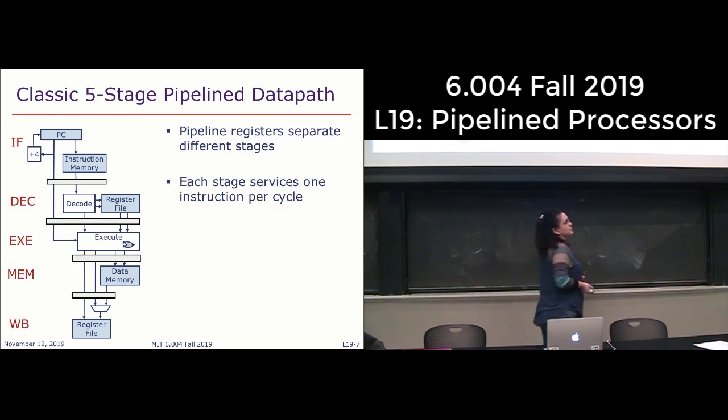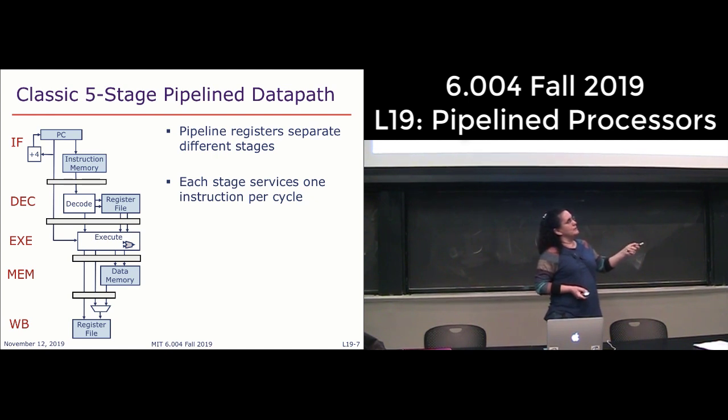But what I'm going to do is add pipeline registers between each of these stages. And so now you can tell why we redrew the circuit diagram the way we have. Basically, we've divided up our work into our 5 stages. Up here I have my instruction fetch, then I decode the instruction that I got back from my instruction memory, then I read from the register file, and in the execute stage I use the values that I read from the register file to do something in the ALU.